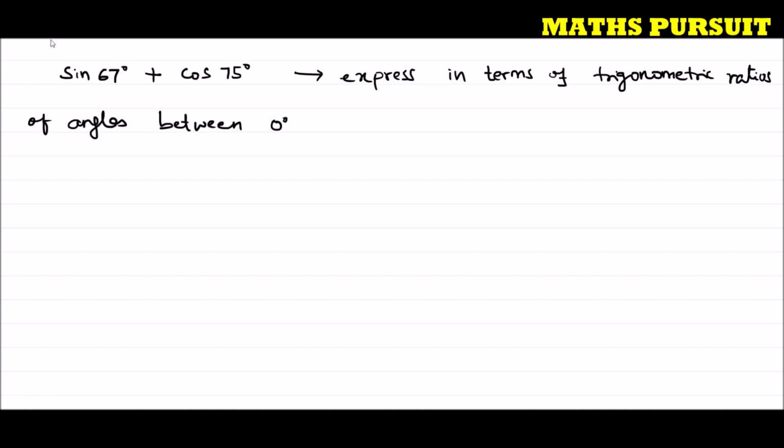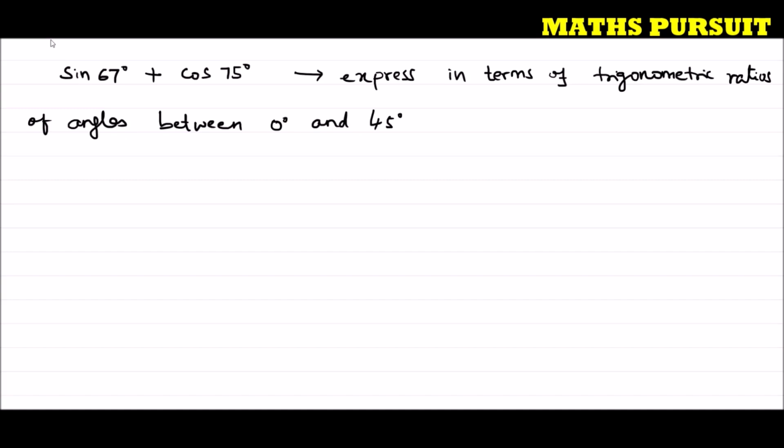This is most important, guys. So what we need to do is express sine 67 degree plus cos 75 degree in terms of angles between 0 degree and 45 degree. Now let us see how we can do this.